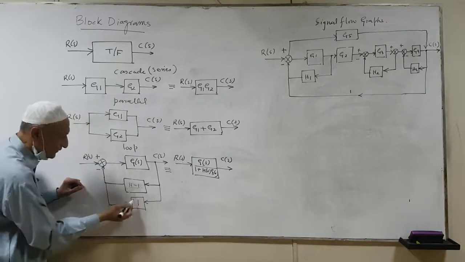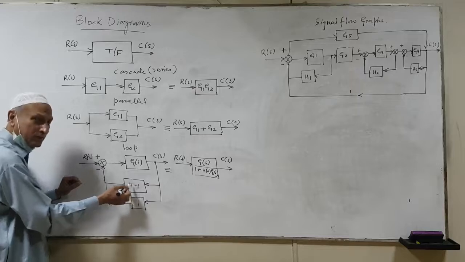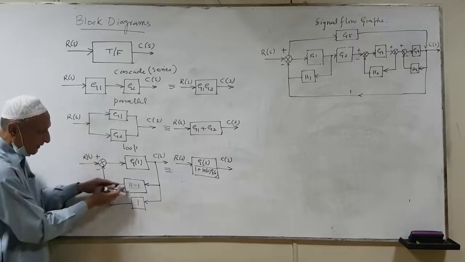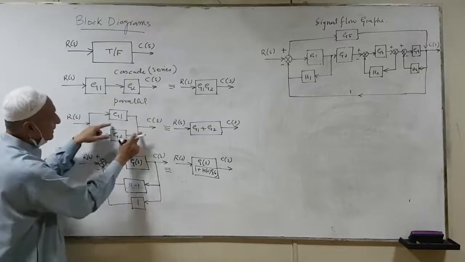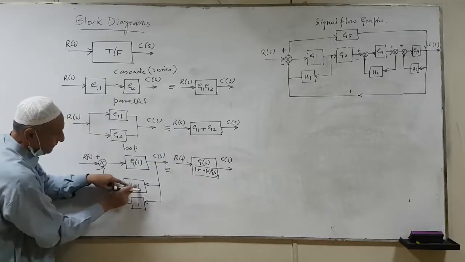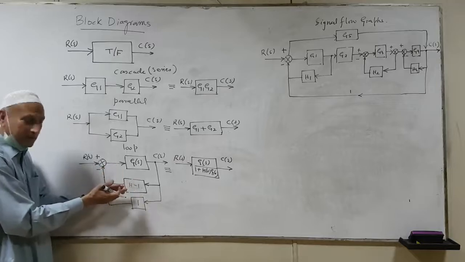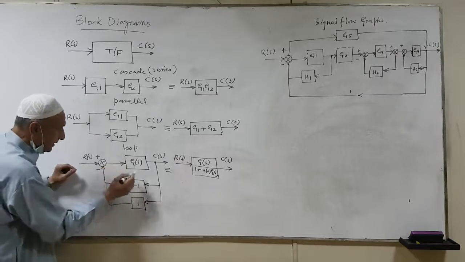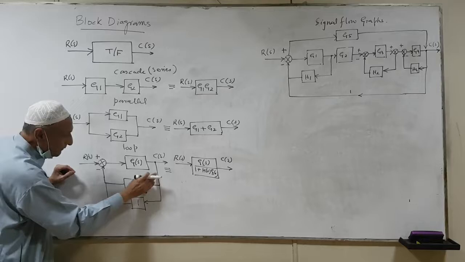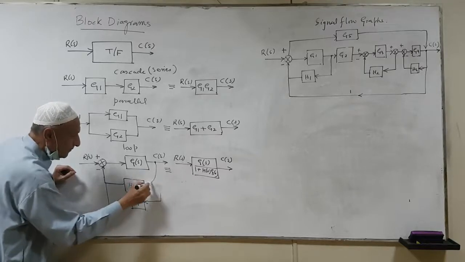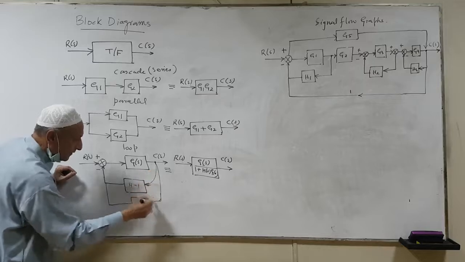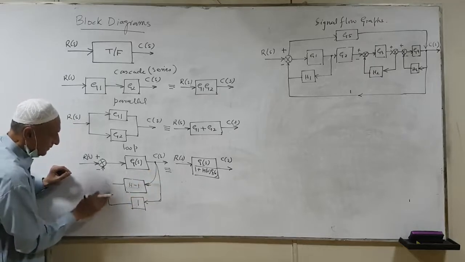We go for a positive sign in this case and keep the negative sign with H. Now if you just add them according to this, it will become G1 plus G2, H minus 1 plus 1, so it doesn't make any difference. Now this can, in other words, be redrawn as such. And similarly over here.